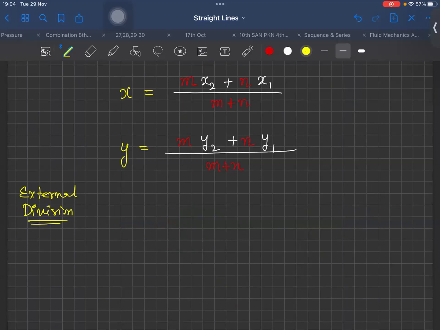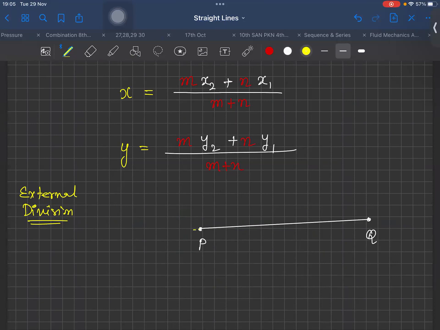Now suppose you have point, what point we had? PQ, right? Let's say PQ. Okay. Let's draw a straight line. This is our point PQ. Now, what do you mean by dividing externally? That means you will extend it.